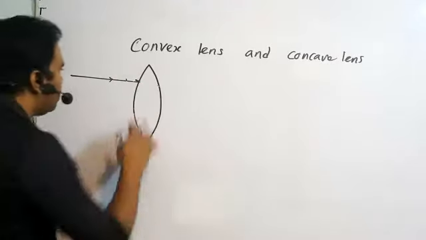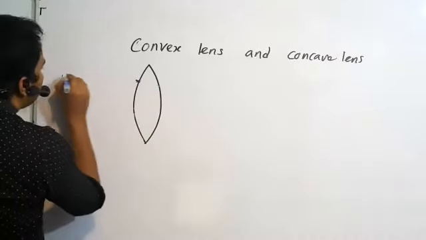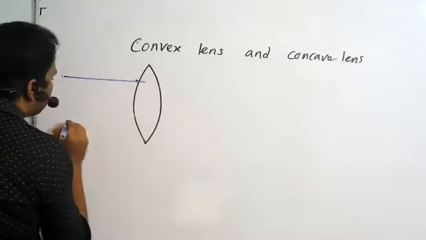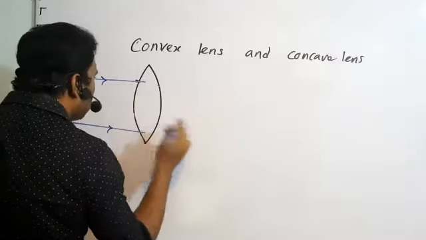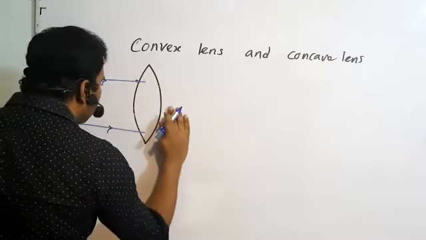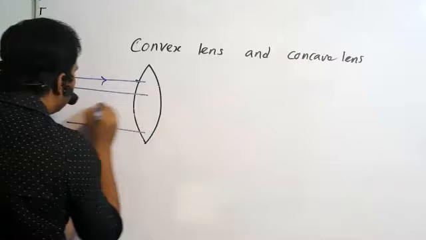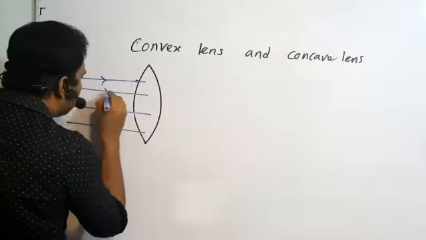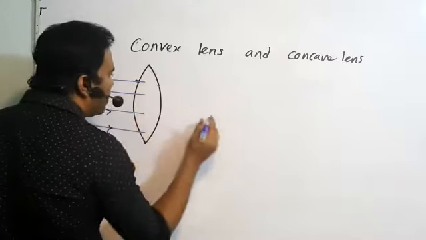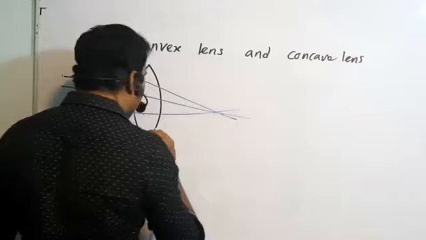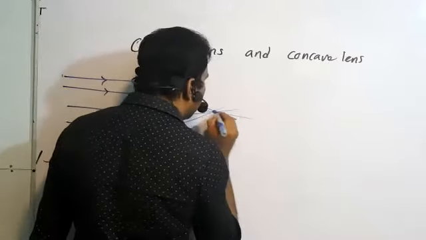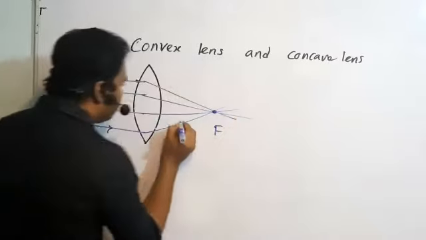But you have learned that when a parallel beam of light is exposed to a convex lens, it converges to a single point. That single point is known as the focus.